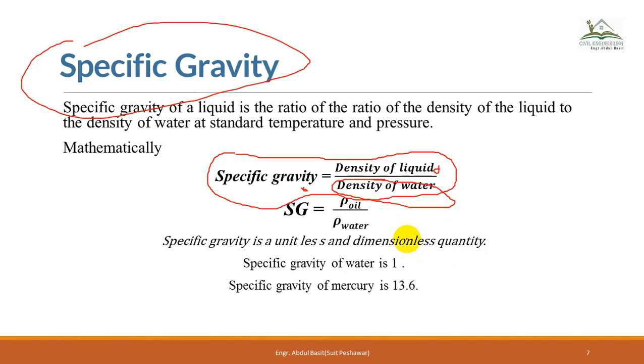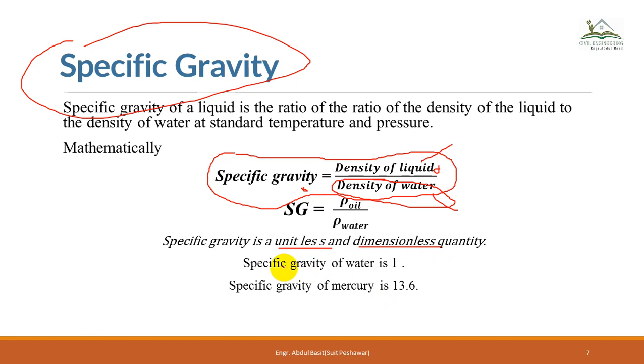As both quantities, in the numerator and denominator, are densities, density and density will cancel each other, so it has no unit. It is a unitless quantity, and also a dimensionless quantity.